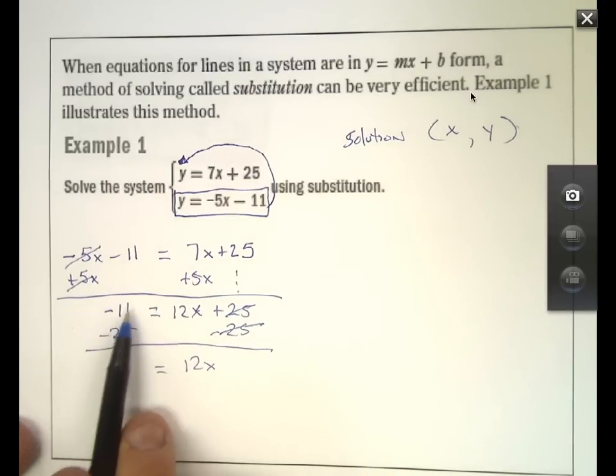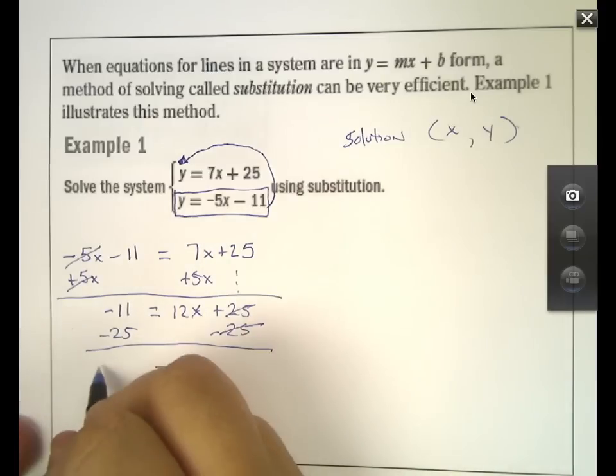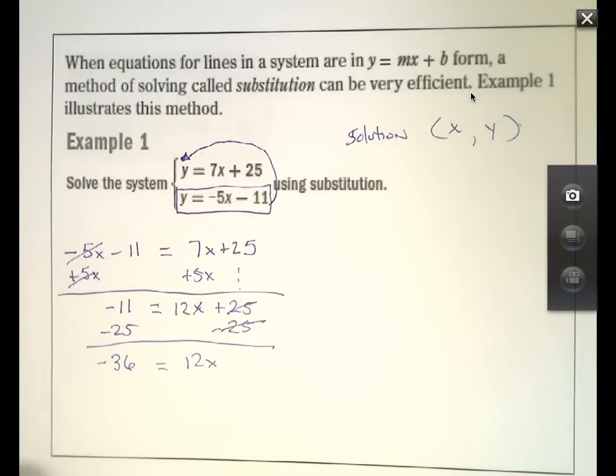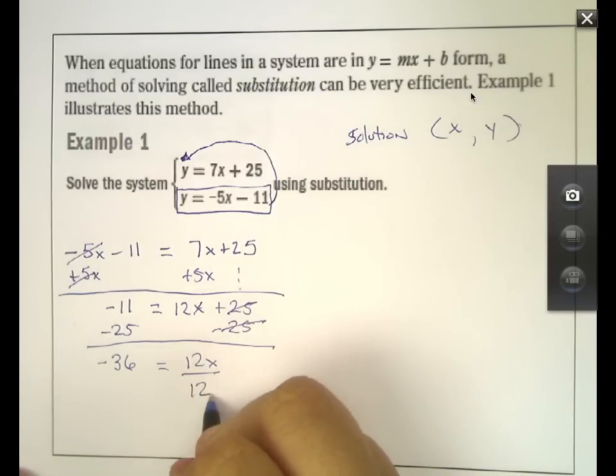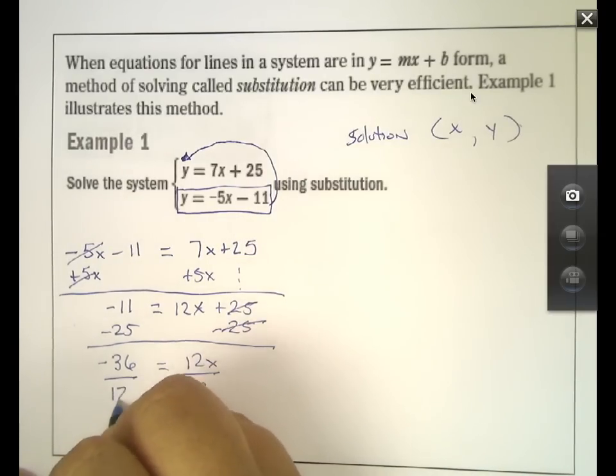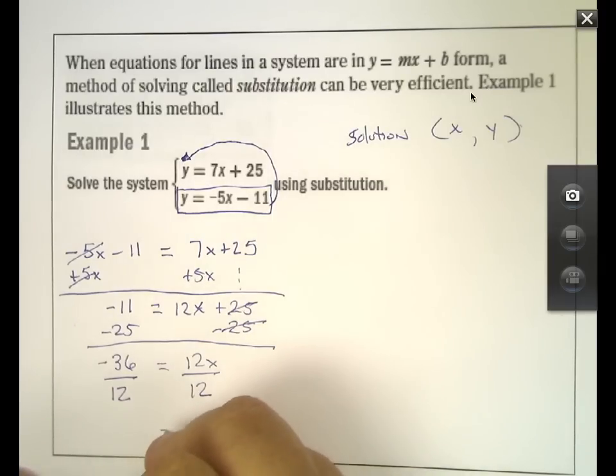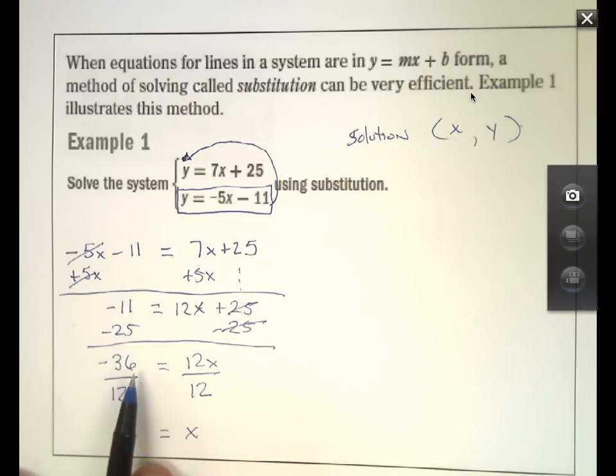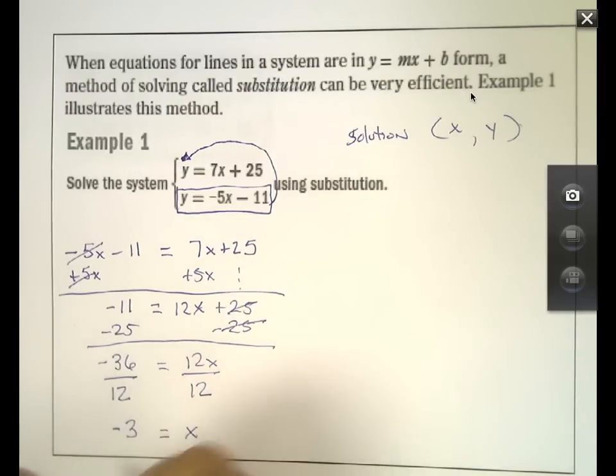Negative 11 minus 25 is giving me negative 36. Believe it or not, a lot of people make mistakes on simple mathematics. The inverse of multiplying by 12 is dividing by 12. So x equals negative 36 divided by 12, which is negative 3.